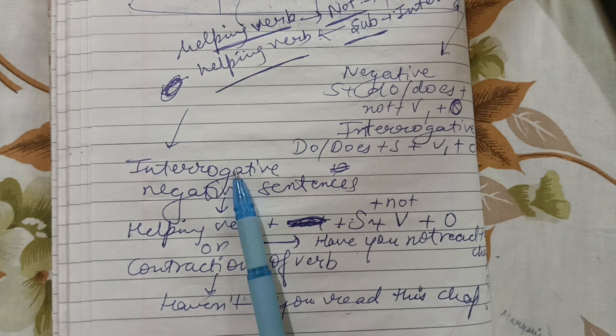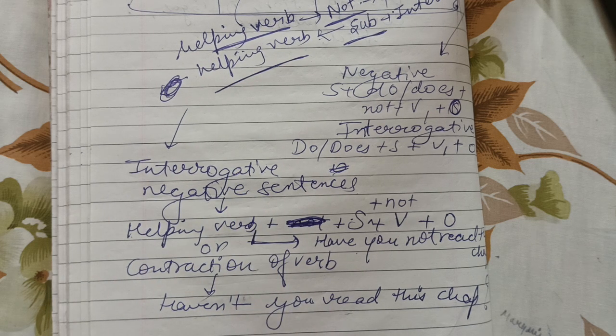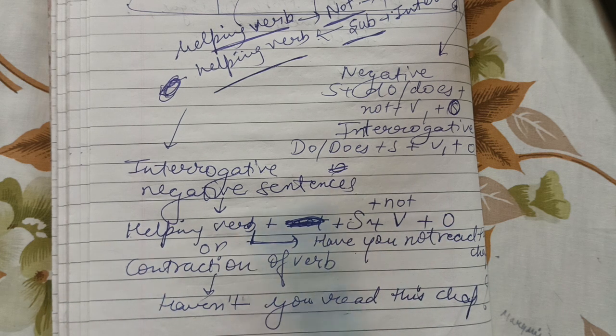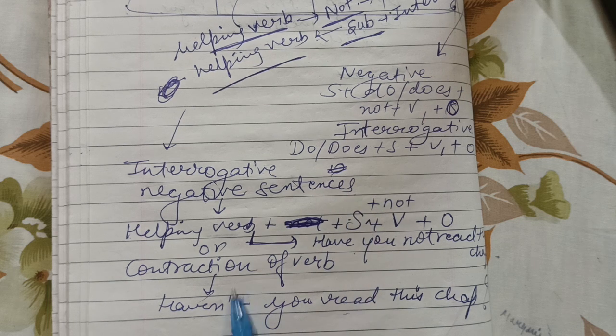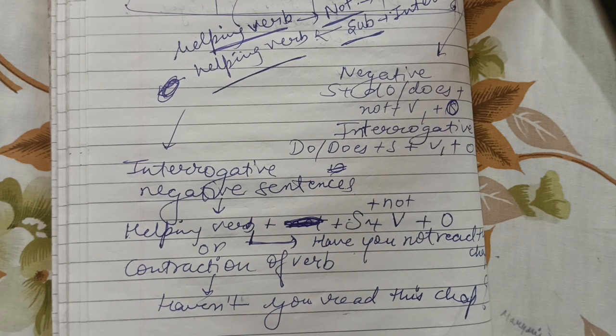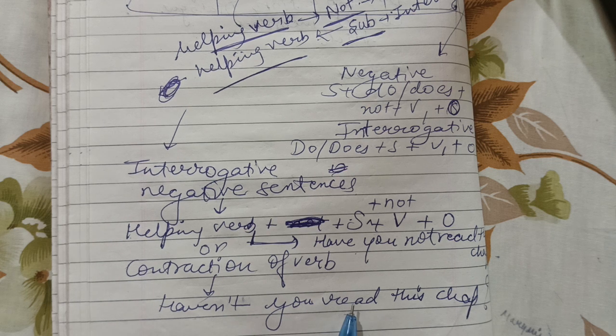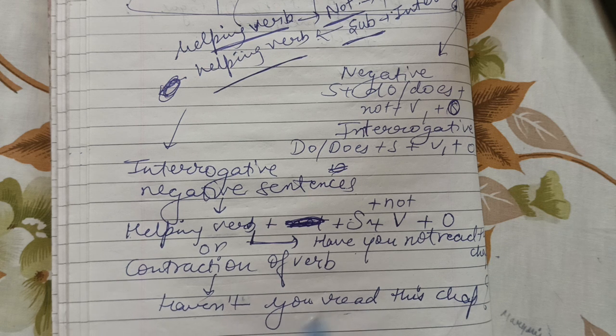And when you have to form interrogative plus negative sentences, what you have to do is form a simple sentence, then form a simple negative sentence, then transfer this have to the top, the front of the sentence. Like, haven't you read this chapter?